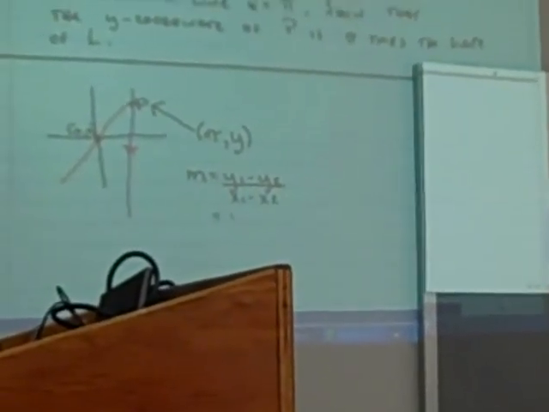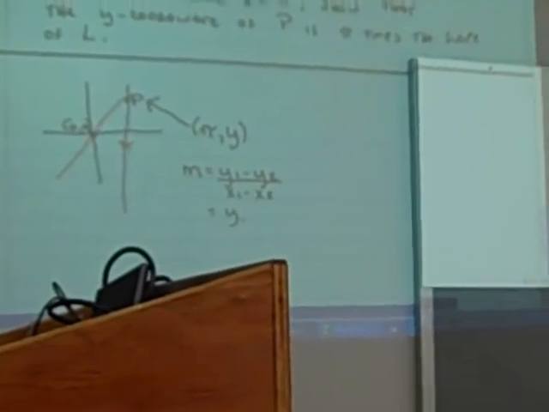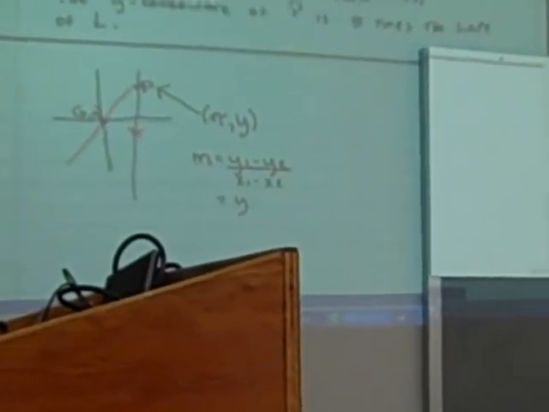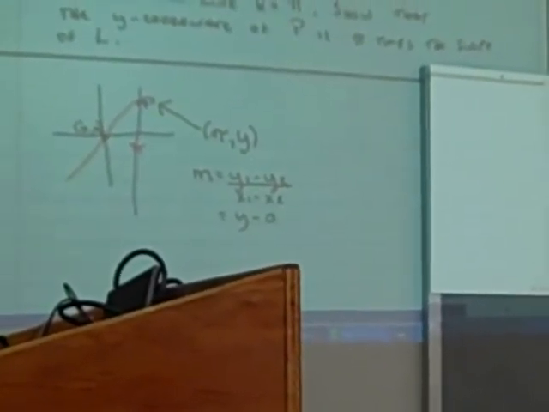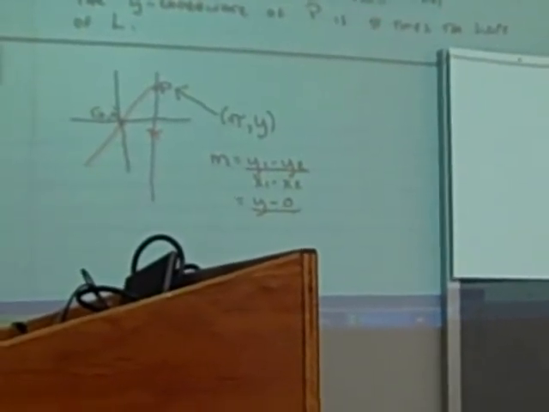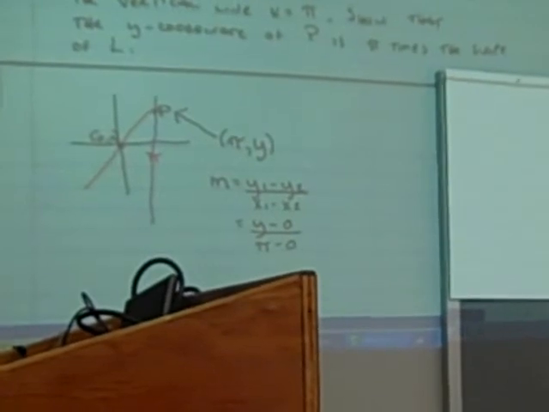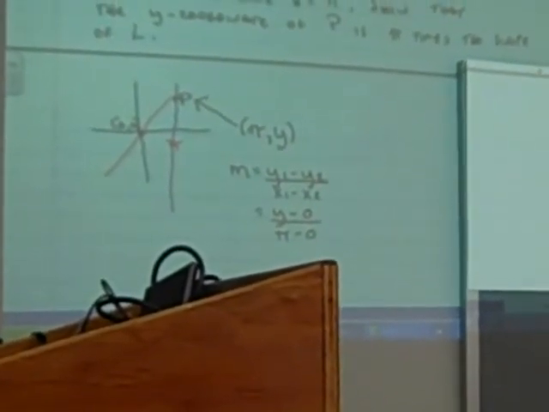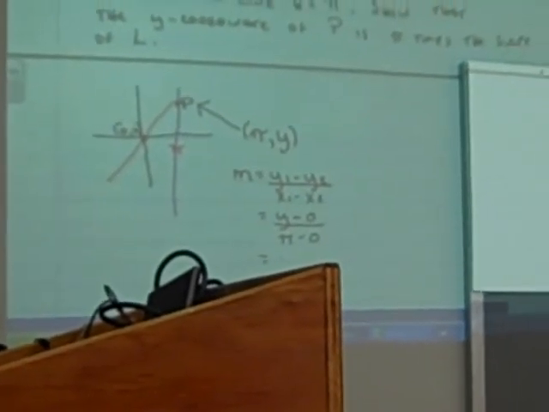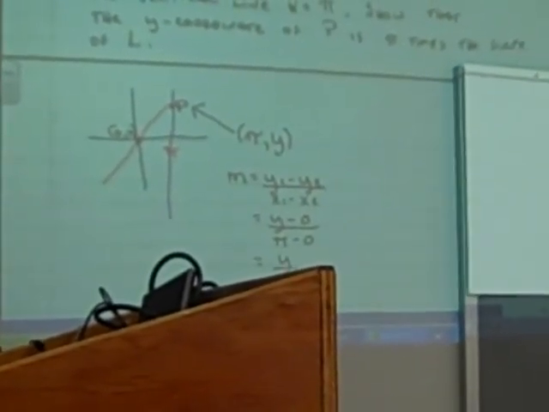I would start with Y, do Y1, just because it's going to avoid all the negatives and stuff. So, y minus what? 0. Y minus 0 over pi minus 0. Okay, so all that becomes what? Y over pi. Right? So now we have m equals y over pi.